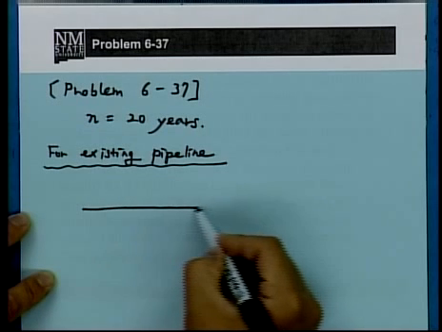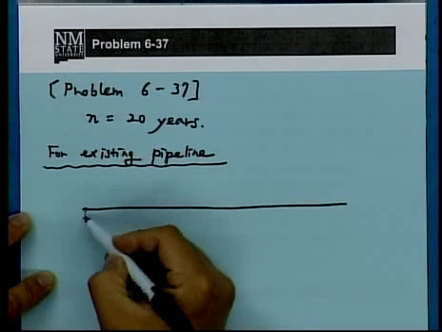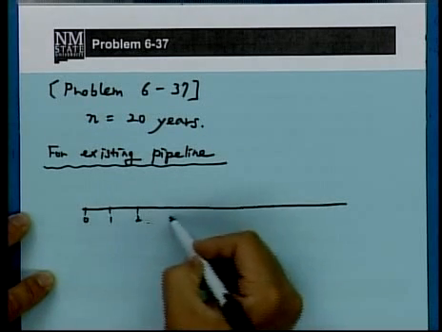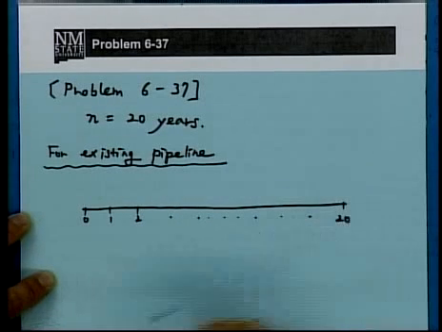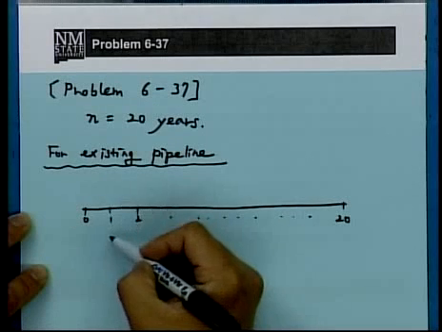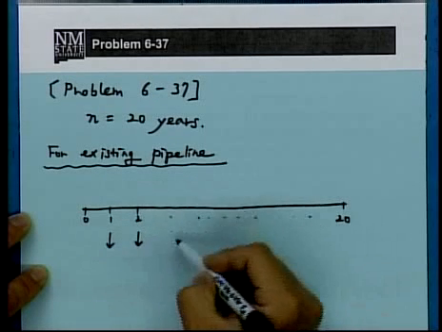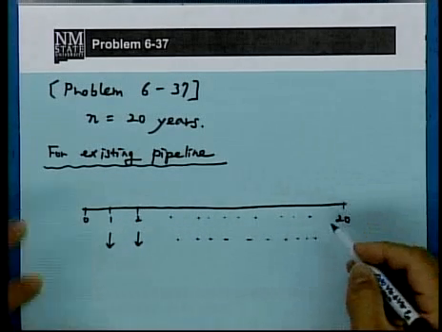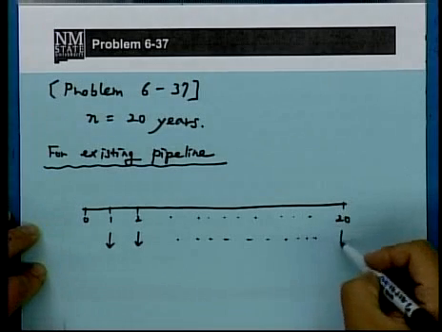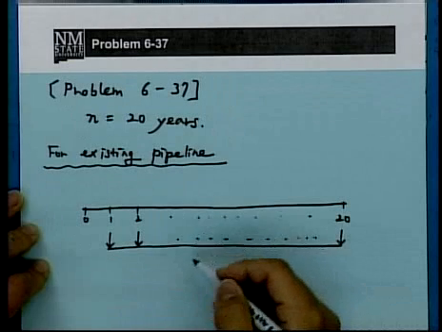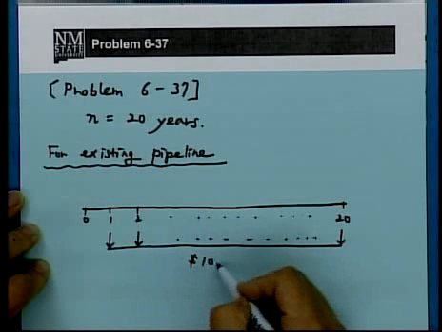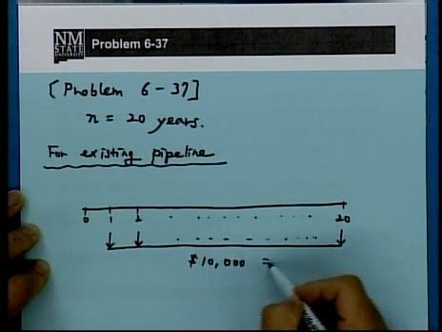So here, starting from 0, 1, 2, and so on, up until 20, the annual cost of $10,000 is required.